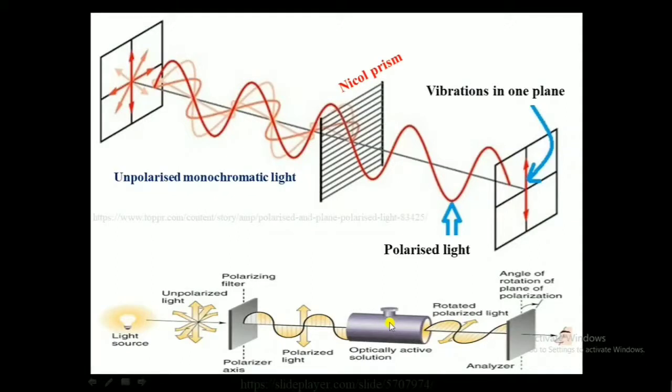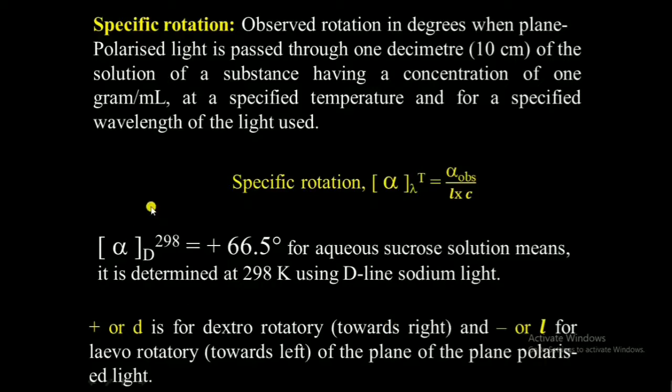Now, how much it will rotate to the right or to the left depends on the wavelength of the radiation and also the concentration of the isomer. So it's very difficult to compare the degree of rotation, and that is why there is a term called specific rotation.